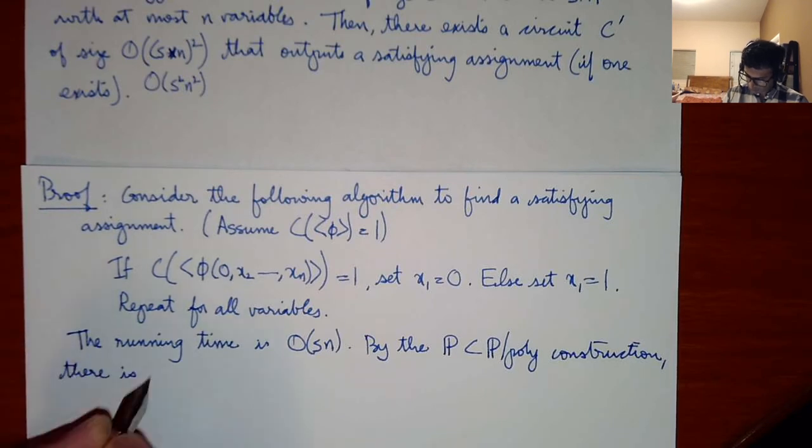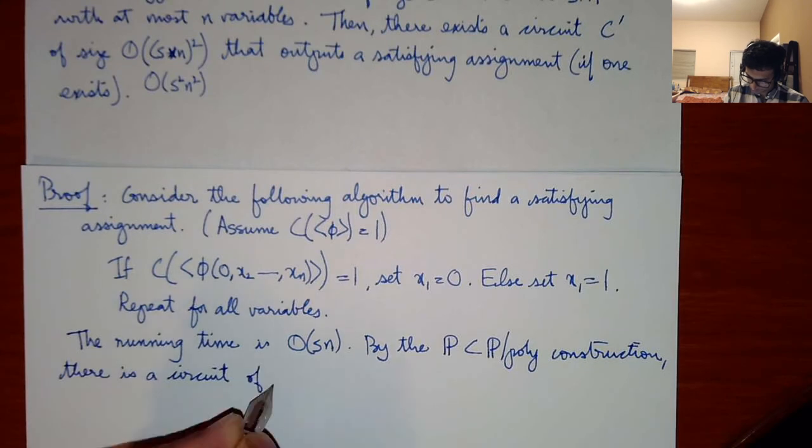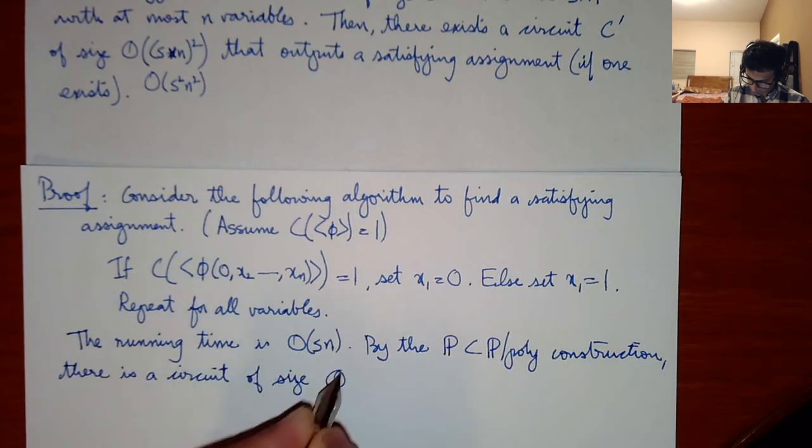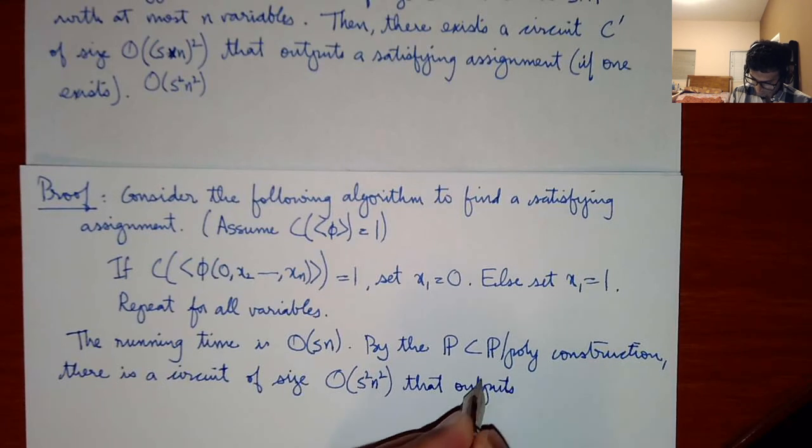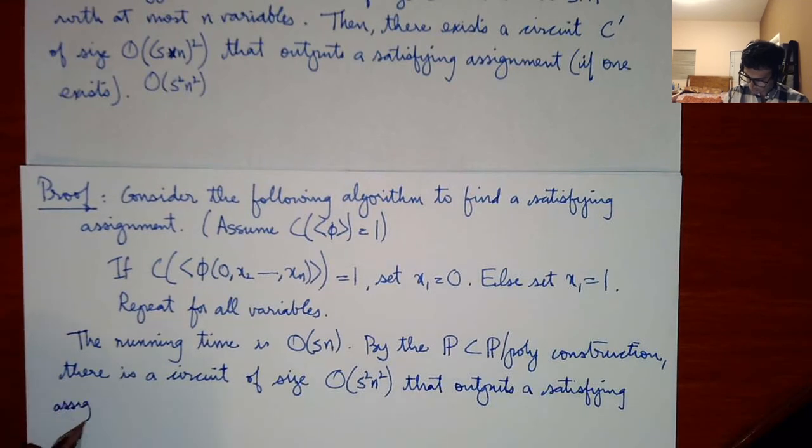there is a circuit of size O of S square N square that outputs a satisfying assignment.